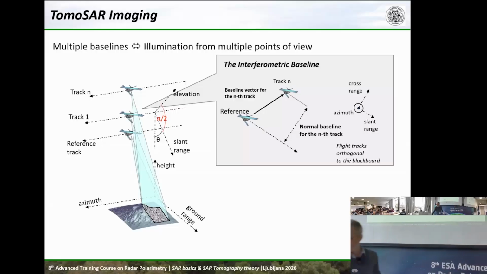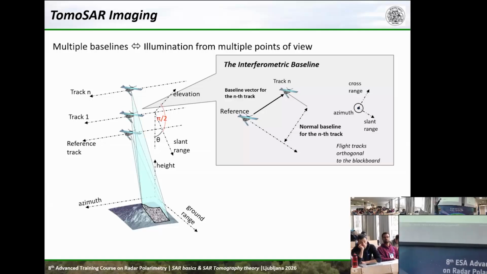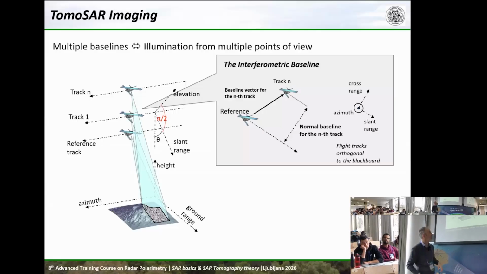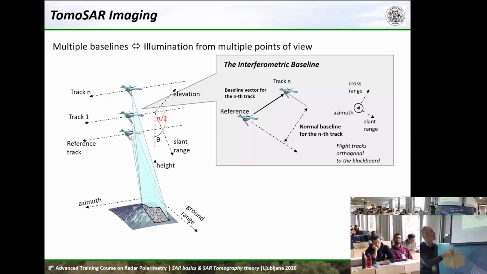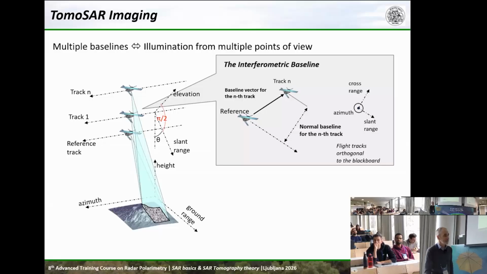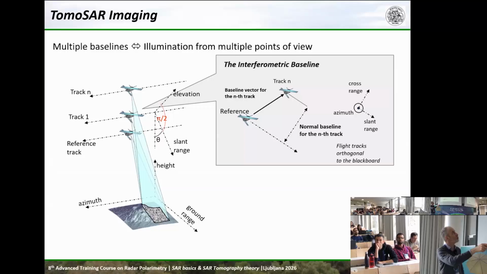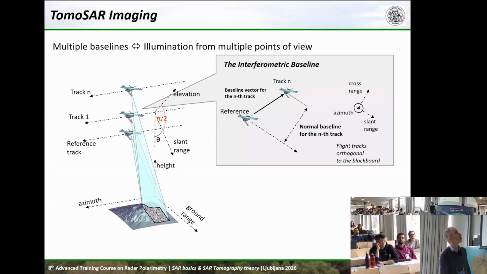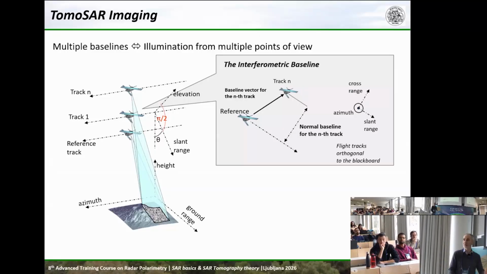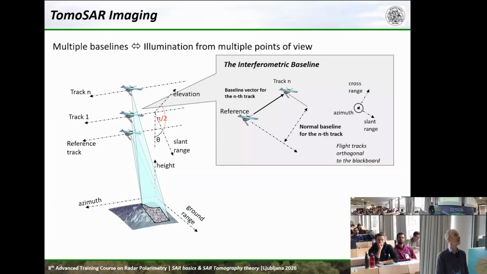So in this picture, up here, just imagine that we are flying perpendicularly to the board. So the baseline vector is simply the vector connecting any two orbits, and the normal baseline is simply the projection of this vector onto the perpendicular to the line of sight.